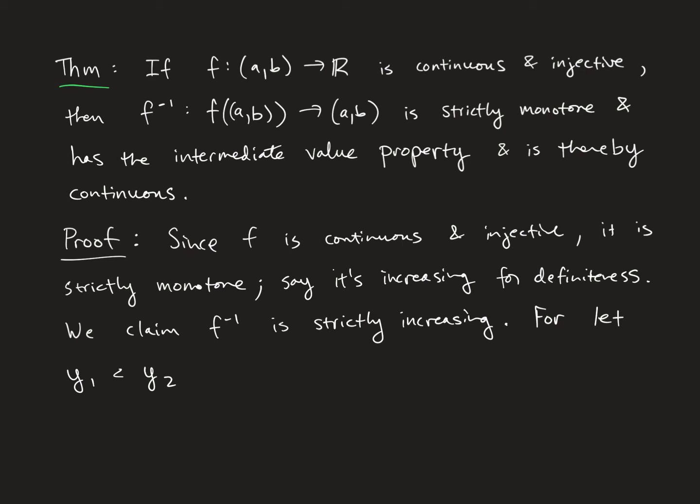So we'll let y1 be less than y2, and suppose that f inverse of y1 is bigger than f inverse of y2. Well, these f inverse of y1 and f inverse of y2 are now in the domain of f. They're in AB.